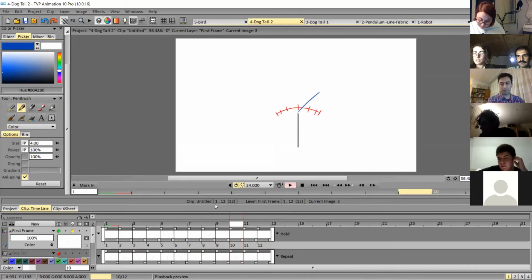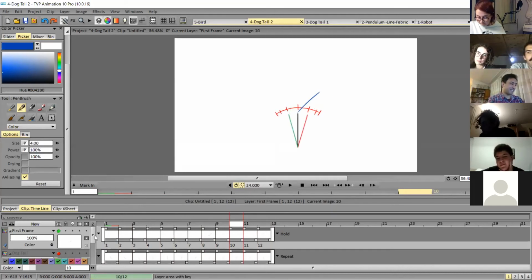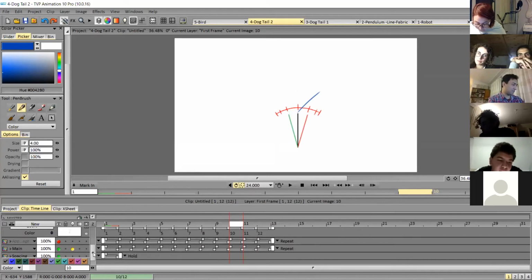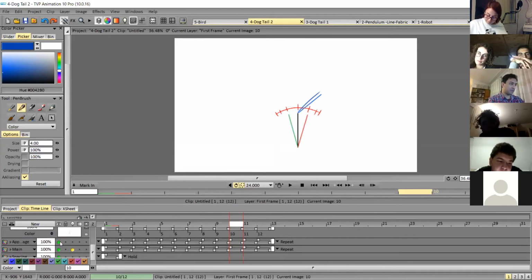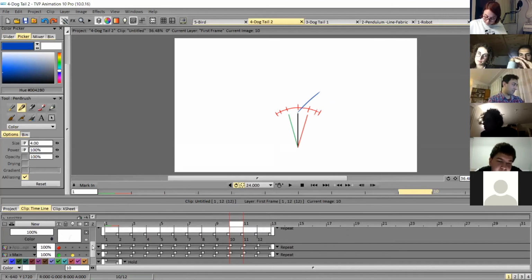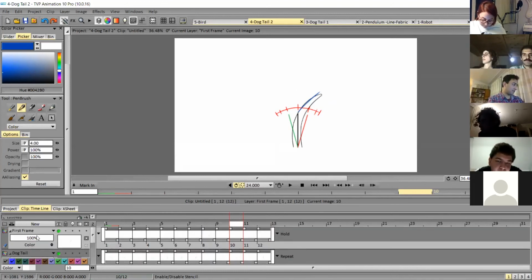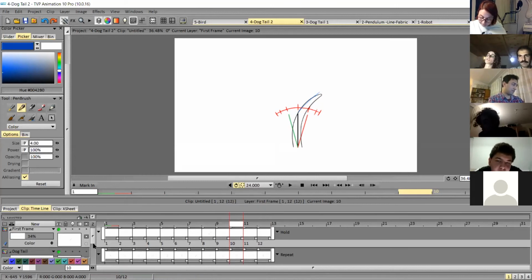Yes, it's not very smooth, but otherwise we can't see it. And let me turn on the tail. Okay, it's the tail.